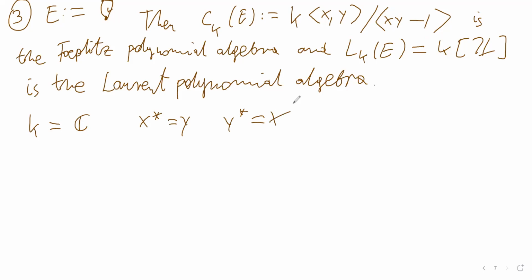And then what you realize is you get a star algebra where you have just one generator, call it S, and it satisfies S star S equal to 1. That's exactly a recipe for an isometry.